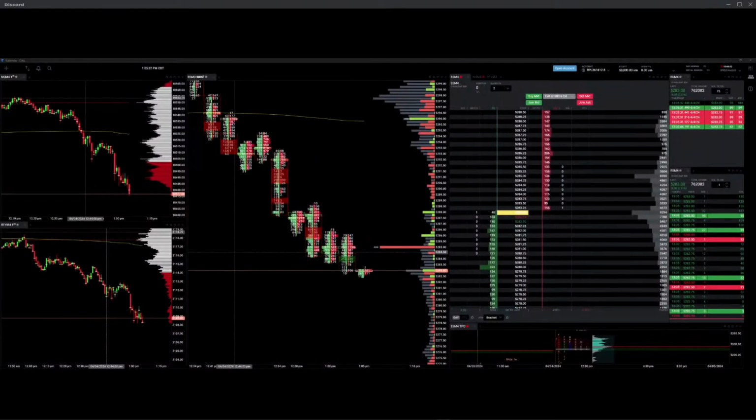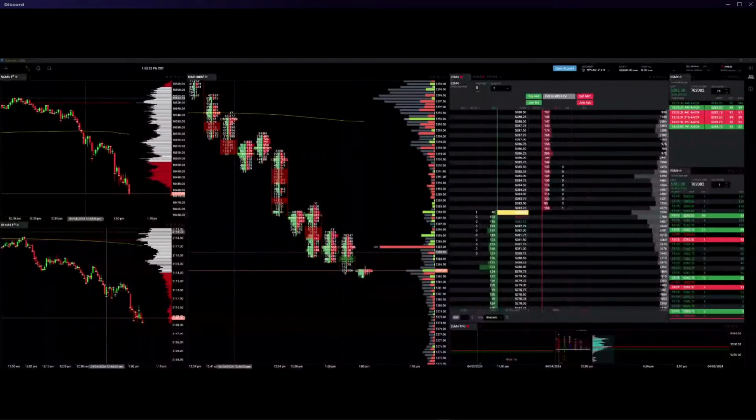All right, before we get into this and start playing, I want to do a quick review of what we're going to be primarily looking at and what patterns we're going to see. For those who are familiar with Footprint or are not, it shows you the transactions on the bid or the ask.